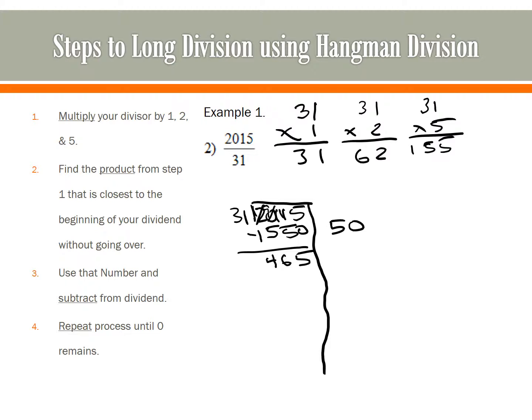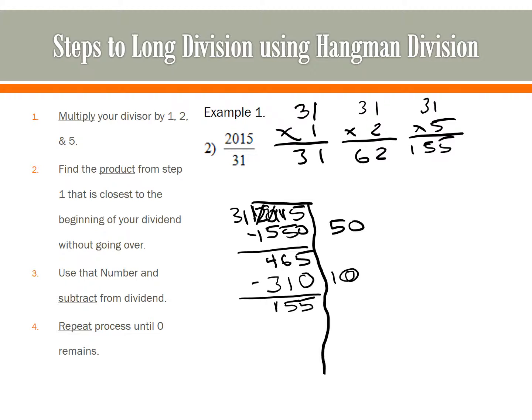Now we've got 465. If we look at 31 times 1, 31 times 2, and 31 times 5, the next closest would be the 31. So we're going to write 31 here, and we're going to add a 0, which means that we're multiplying by 10. When we subtract that, 5 minus 0 is 5, 6 minus 1 is 5 as well, and 4 minus 3 is 1.